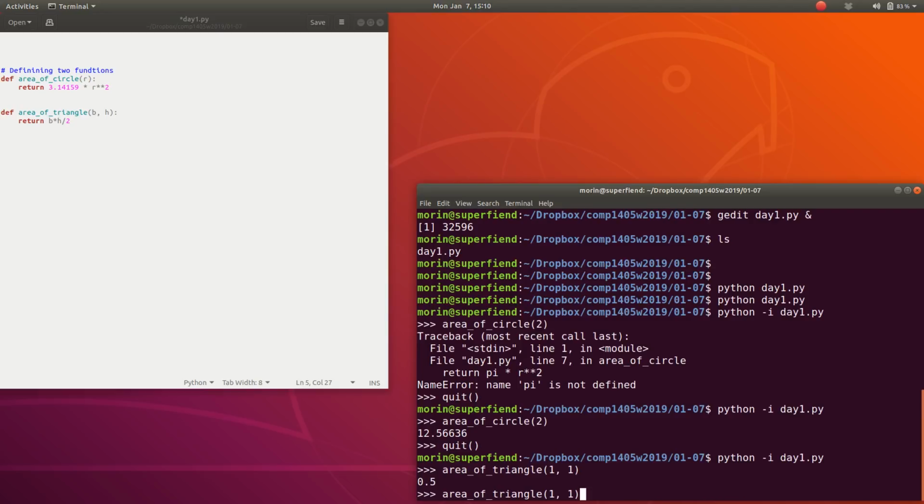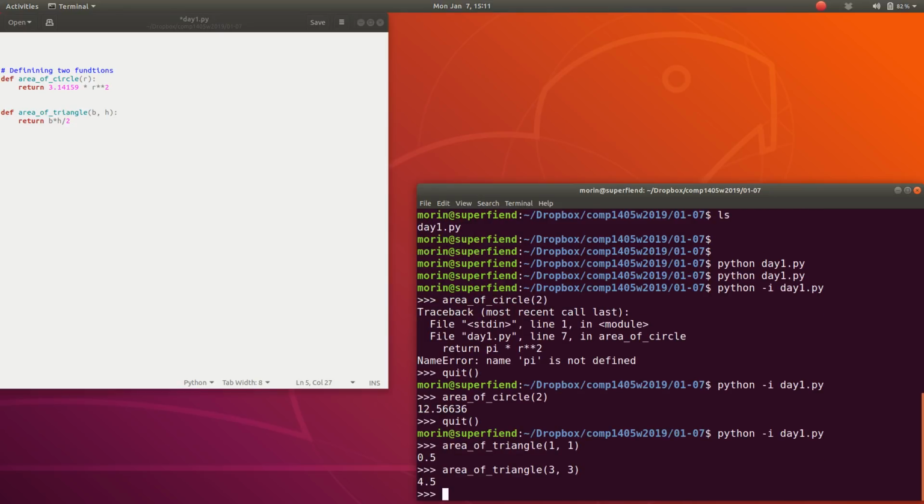They happen to be named b and h, and I want b equal to 1 and h equal to 1 when I call it here. I can make them 3 and 3. Then b is equal to 3, h is equal to 3, and 4.5 is the area of the triangle.